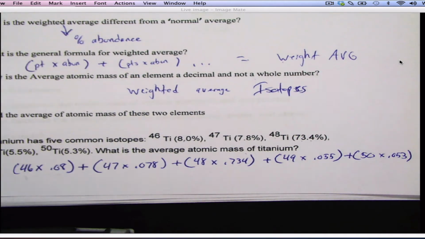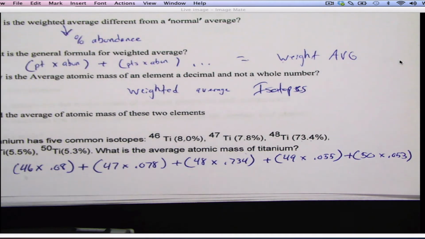All right, so I'm just going to do it in one big step in my calculator. 46 times 0.08, close the parentheses, plus, open parentheses, 47 times 0.078, close the parentheses, plus, open the parentheses, 48 times 0.734, plus 49 times 0.055, plus 50 times 0.053.